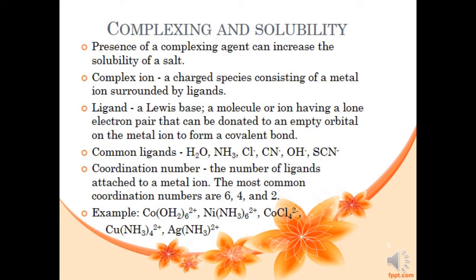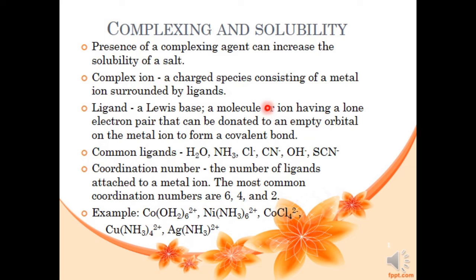I'm sure you're very familiar with this because you learned it in chemistry. So these are the common ligands: H2O, NH3, Cl-, CN-, OH-, SCN-. Now, the coordination number is the number of ligands attached to the metal ion. The most common coordination numbers are 6, 4 and 2.